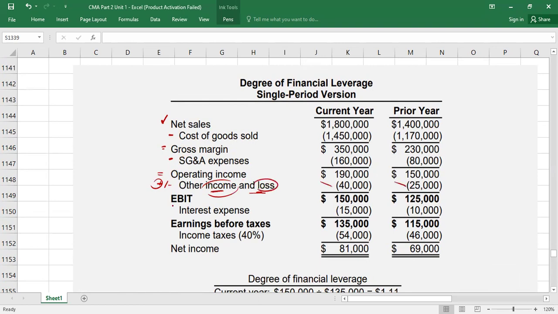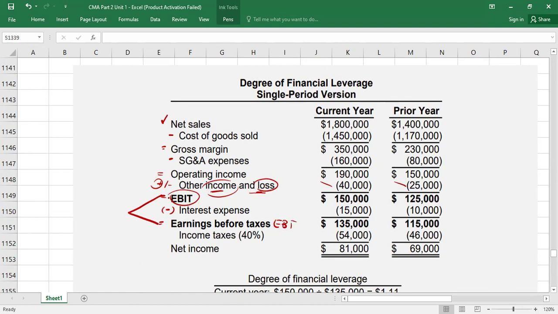That equals EBIT, earnings before interest and tax. And then from there, you will deduct interest expense. This is called EBT. Actually, in the single period model, we are using these two values: EBIT and EBT, earnings before interest and tax and earnings before tax.